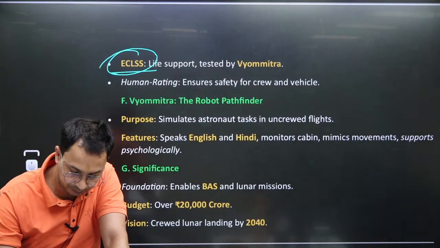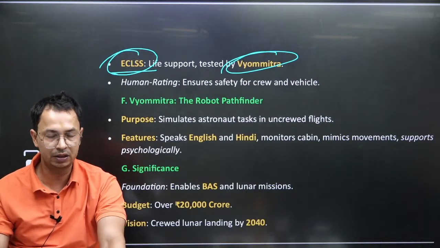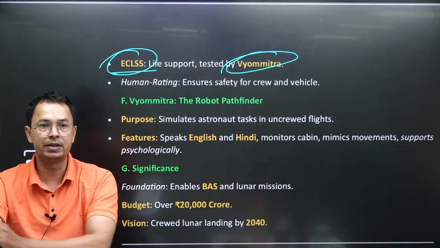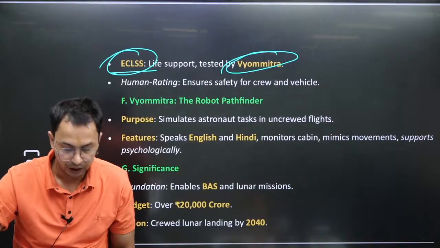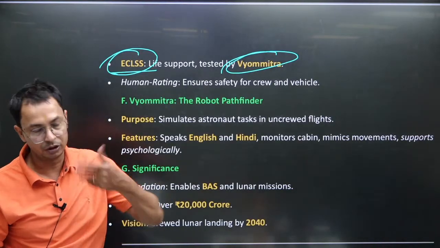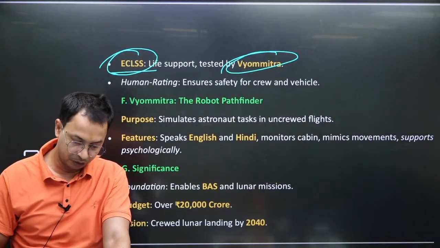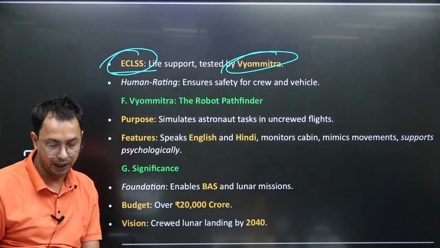So to test all of these things, we will send the Vyomnaut in the first and second uncrewed flights, and the Vyomnaut will be laden with sensors. This Vyomnaut can simulate the astronaut's tasks in the uncrewed flight.